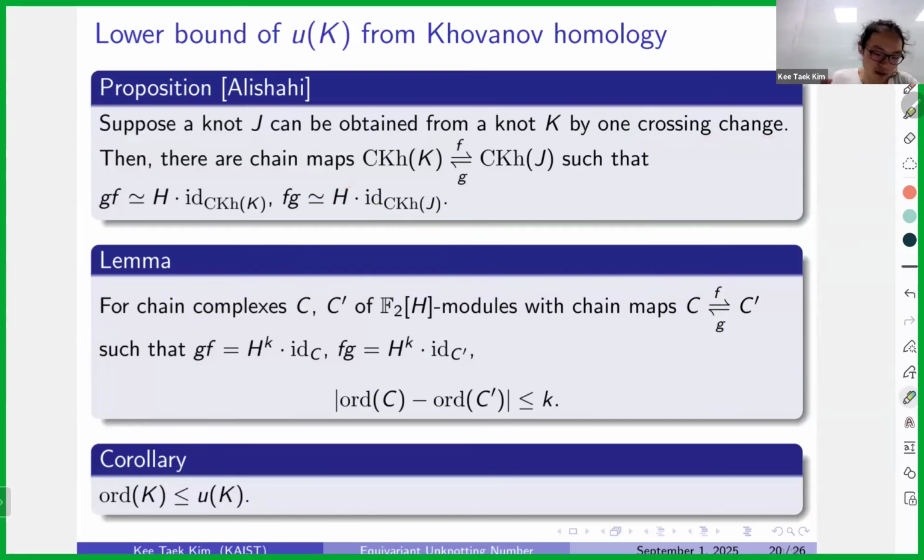And if we need n crossing changes, then we have H to the n in the final stage, so we can bound the unknotting number by the torsion order of K. Of course, for the unknot the torsion order is 0, so it works.